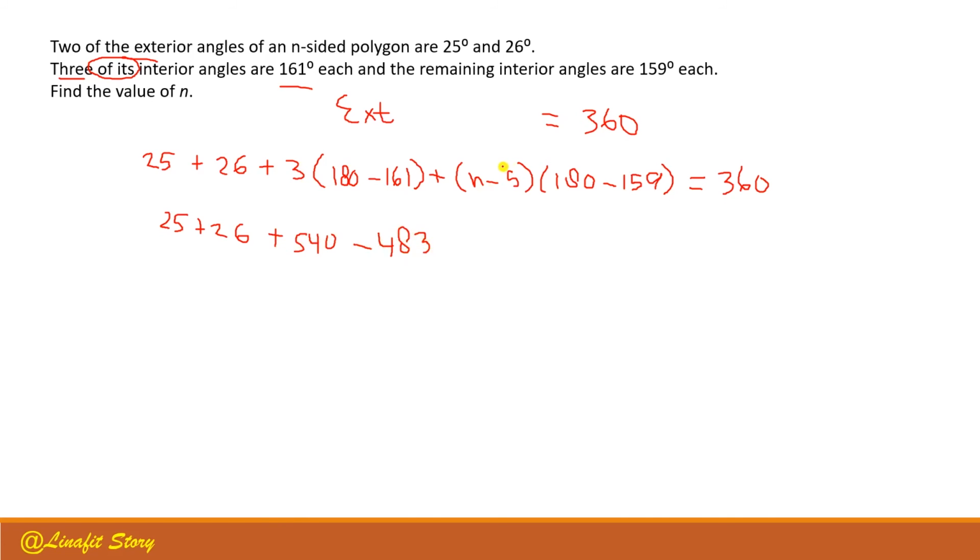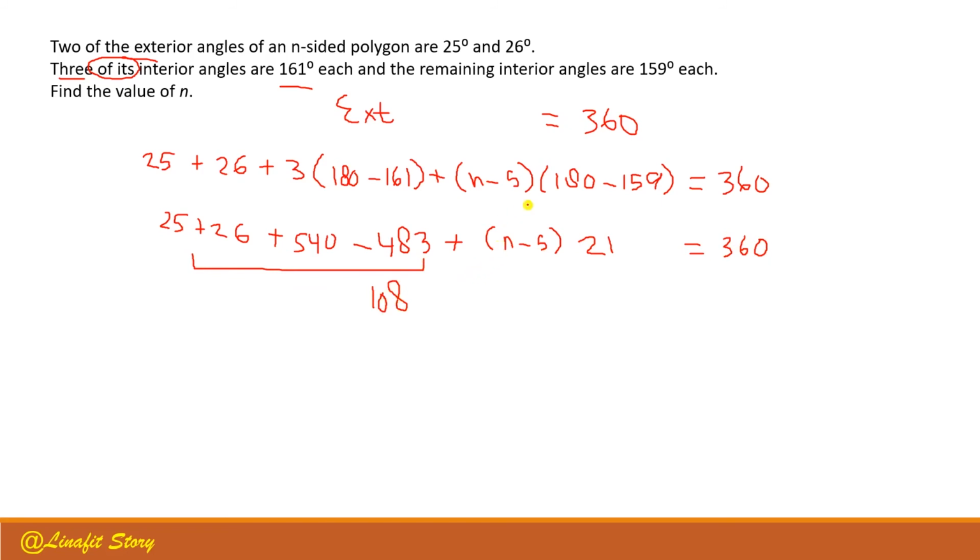And then this one is n minus 5 times 180 minus 159, which is 21, is equal to 360 degrees. So 25 plus 26 plus 540 minus 483 is equal to 108.